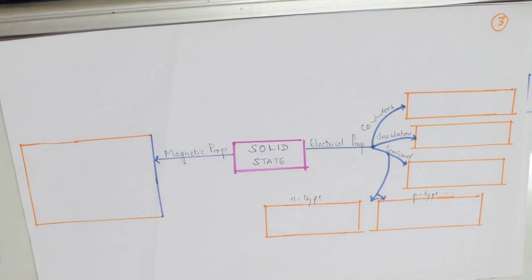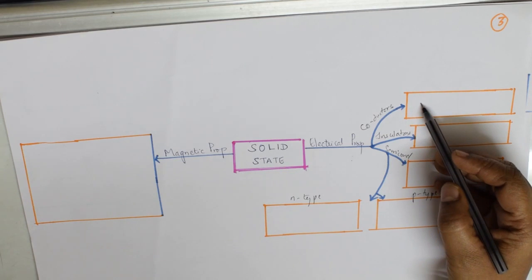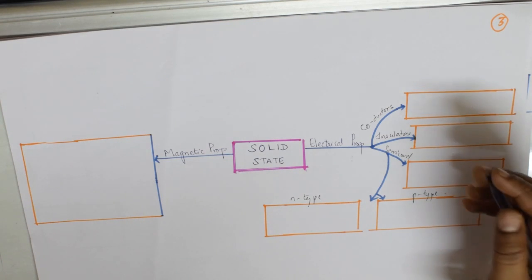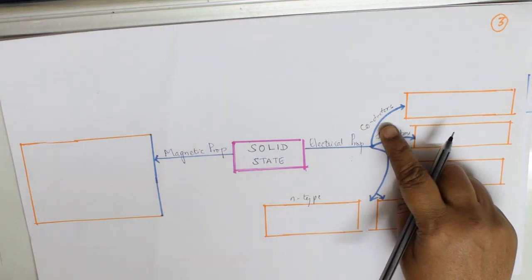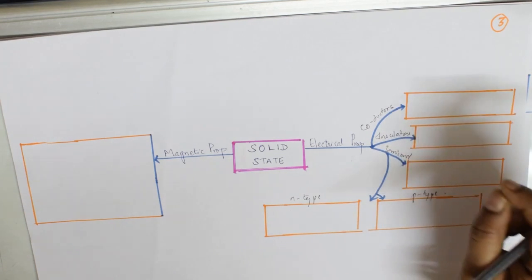Done. So what should we remember in conductors? Conductors are those substances where you have two bands, isn't it? One is the conduction band and the other is the valence band. In conductors, what is important? The overlapping or the gap between conduction and valence band is very small.